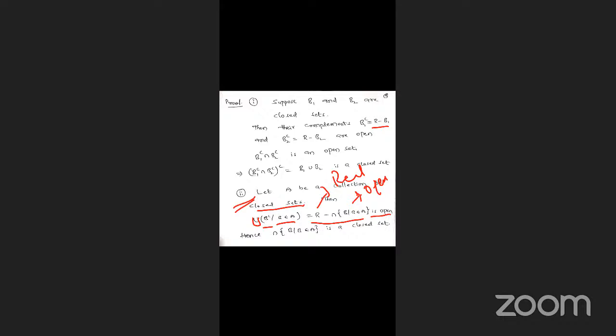It is open. Hence the intersection of B such that B belongs to A is a closed set. Here B means closed set, and B complement means open set.